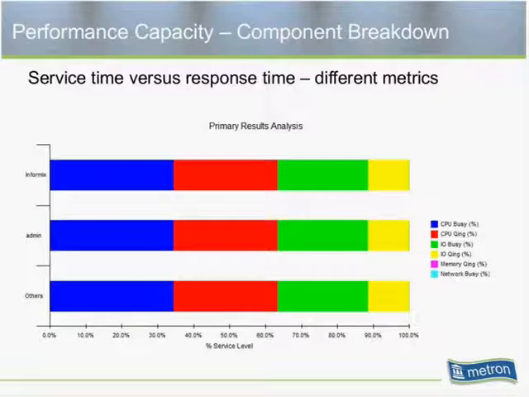So looking at those and understanding how service time and or response time fits into your environment is going to be critical, especially looking at if you have a tiered environment where you have a gold tier, which is the ultimate fastest that you could have out there, versus a silver tier, which is, okay, it's performing as necessary within the environment. So you need to look at that and factor that into your component breakdowns.